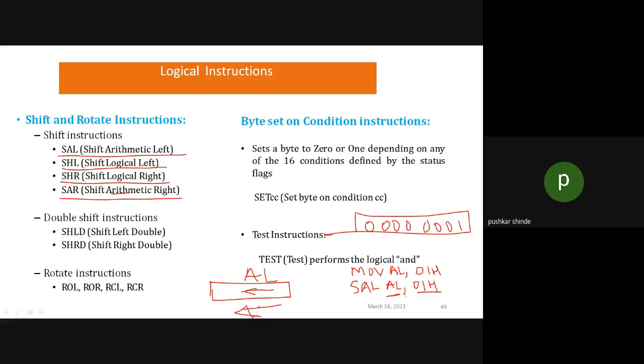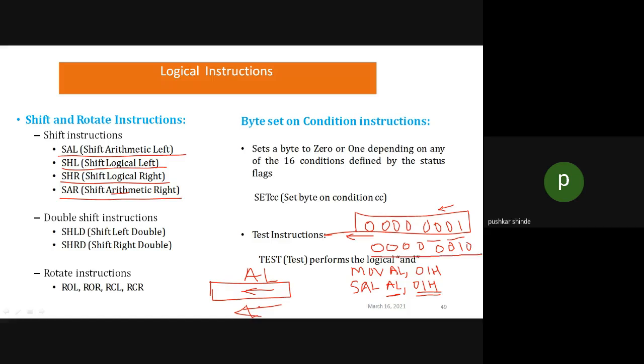Now since I am shifting arithmetic left by 1, this will be shifted left by 1. This 1 will go here, zeros will go here, and so on, and the MSB will be discarded. So the result will be 0 0 0 0 and 0 0 1 0.